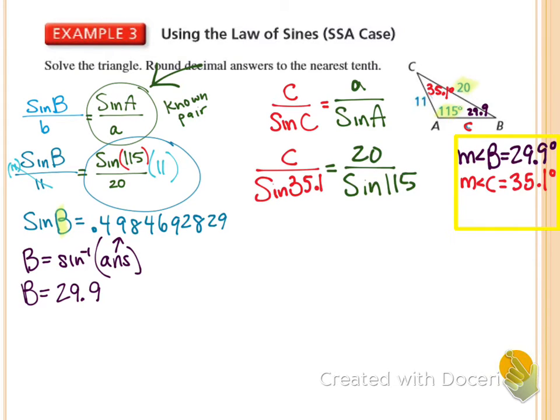You'll like this one a lot better because C is being divided by sine of 35.1, so we're just going to multiply. Once you have multiplied, you'll have C by itself, and you'll just type it in your calculator, and you'll have your answer.